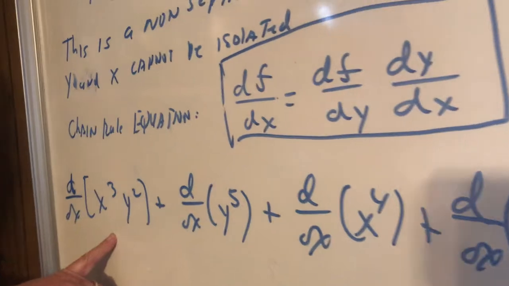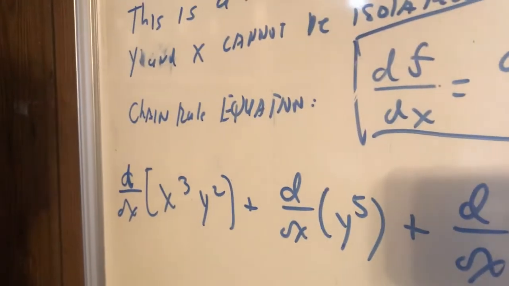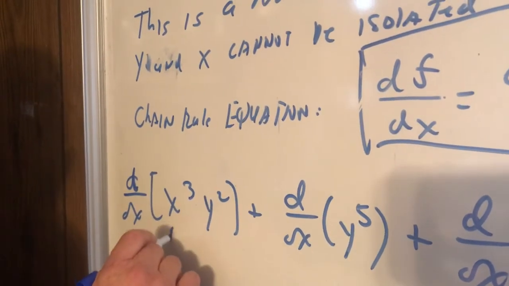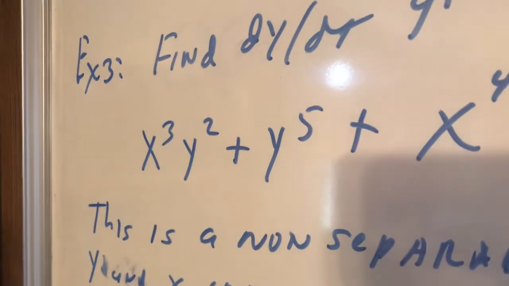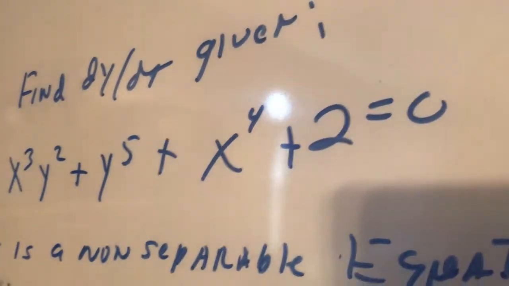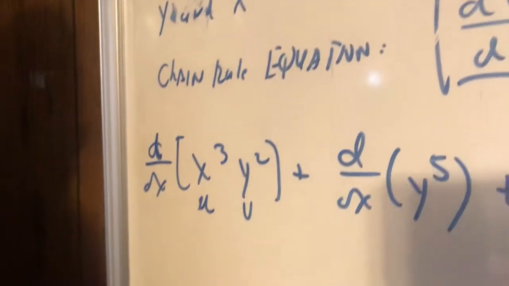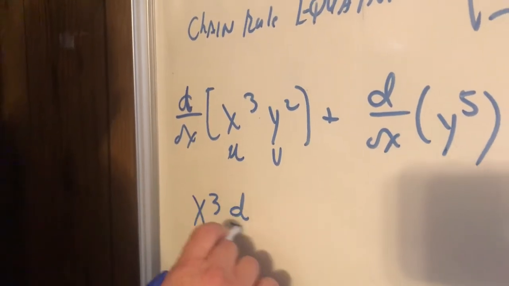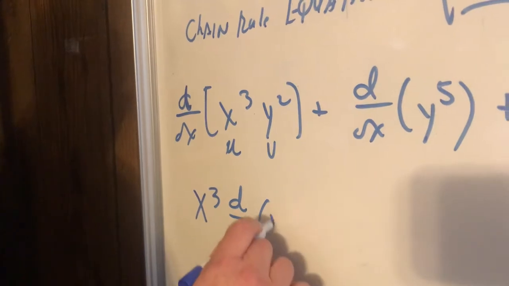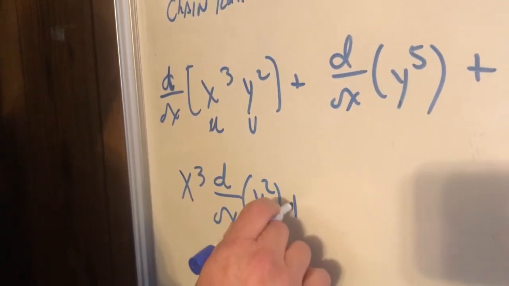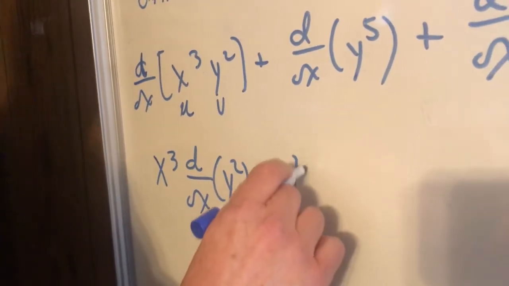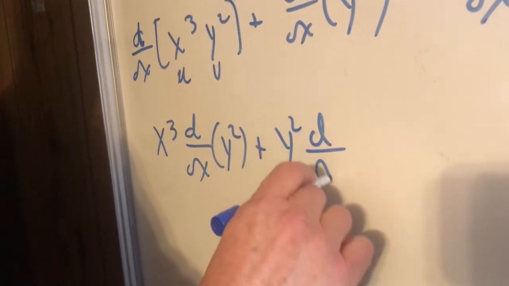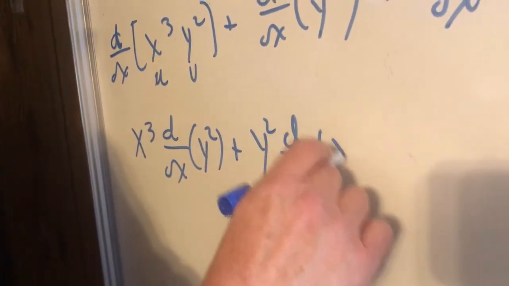Notice the first is a product rule. I'm going to call u = x³ and v = y². So this is x³ times the derivative with respect to x of y², plus y² times the derivative with respect to x of x³.